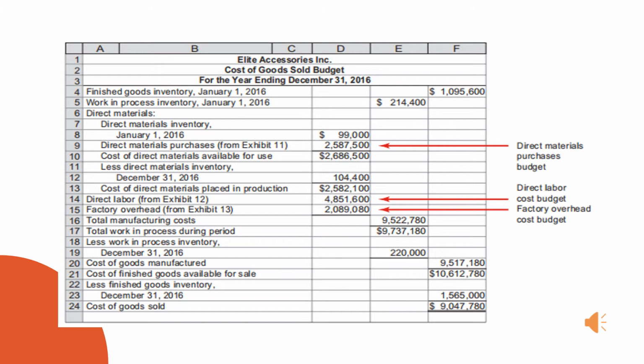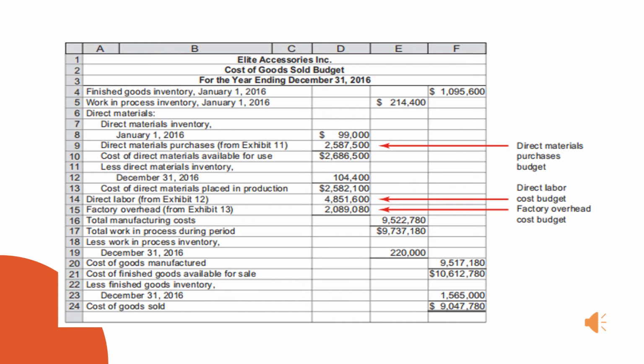For us to get the cost of goods manufactured for that particular period, we just deduct the work in process inventory ending balance of 220,000, which was given as well in the problem a while ago. This would give us the cost of finished goods available for sale of $10,612,780.